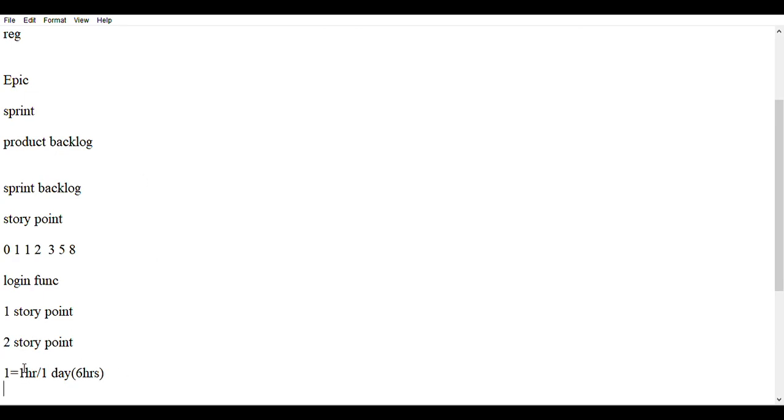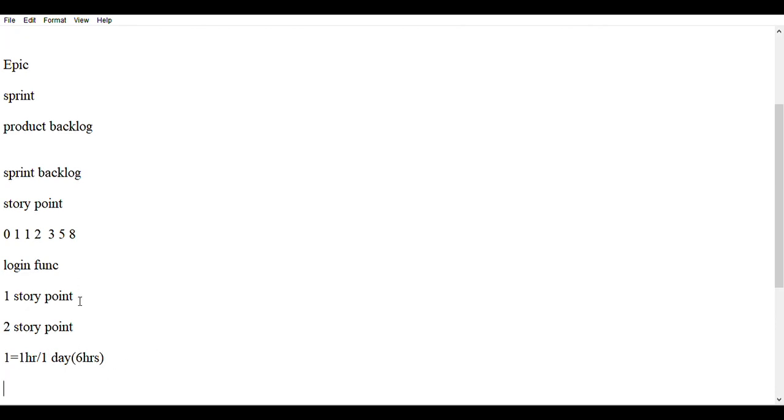In some companies they consider 1 hour, and in some companies they consider 1 day. So if the QA team says they require two story points and the development team says they require one story point, it means that they require 6 hours to complete this login functionality in a sprint. So this is how they choose a user story and they complete the user story in a particular sprint.